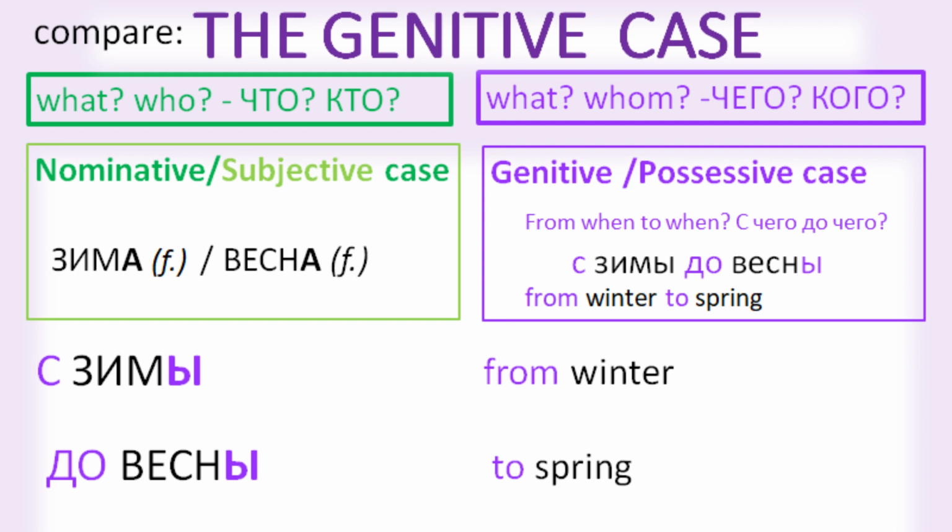До чего? From when to when. С чего? From when. С зимы. From winter. До чего? To when? До весны. To spring.